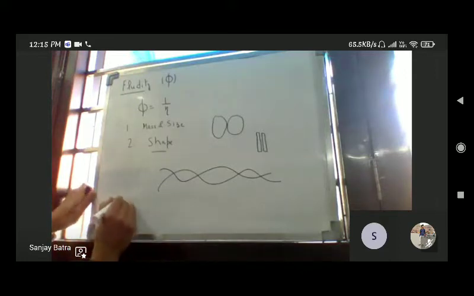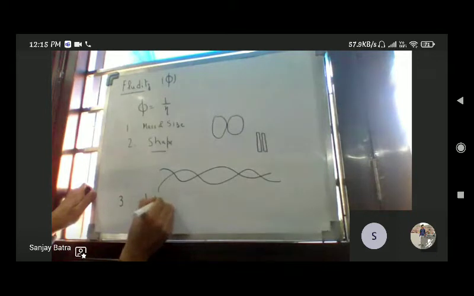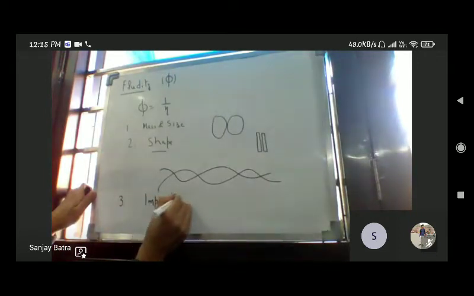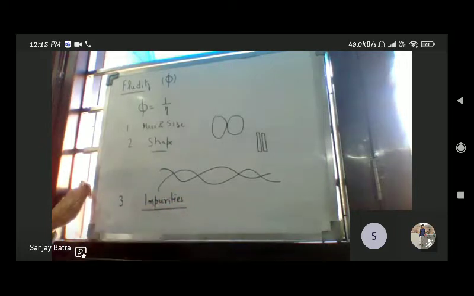Third, which is a very important point, is called effect of impurity. Now you might have heard that when you have water and add NaCl as impurity, the surface tension of water increases.